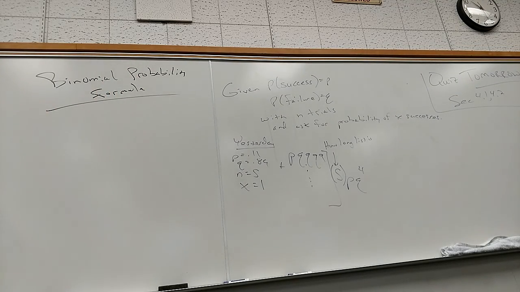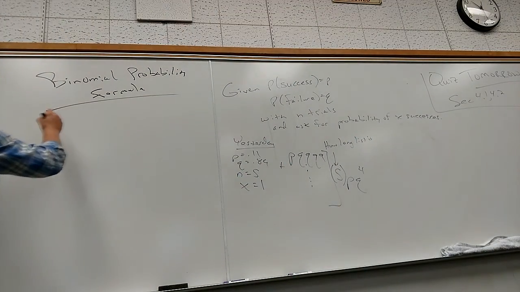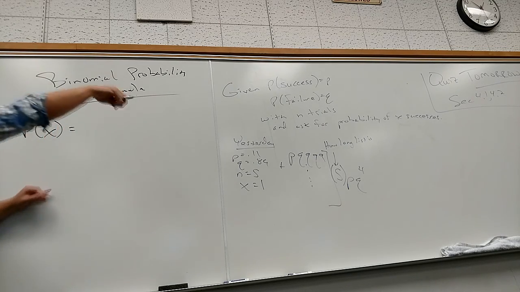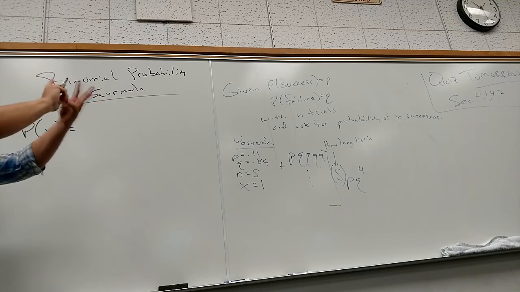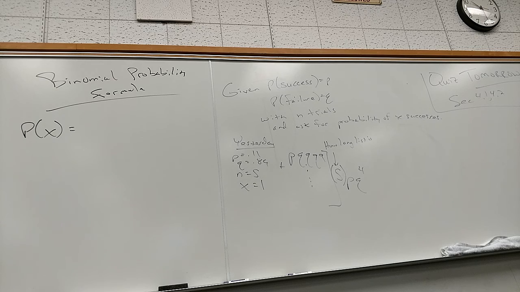Binomial probability formula. With all those things, right? You got success, failure, you got N trials. So it's N dudes there. It could be rolling a die 12 times. It could be flipping a coin 30 times. So whatever you're doing repetitively, right? Each person, each roll, each flip, each whatever.